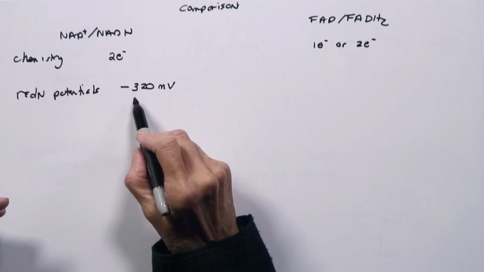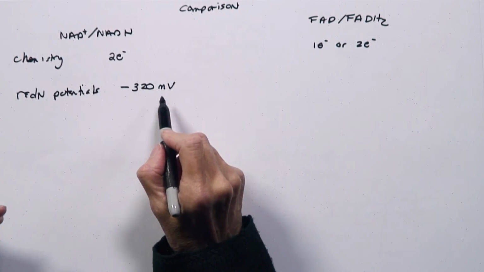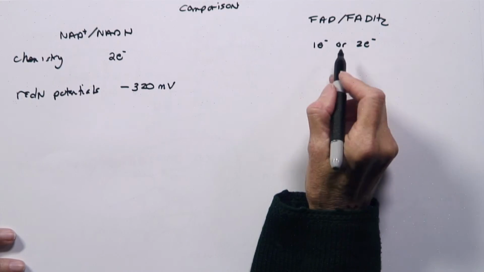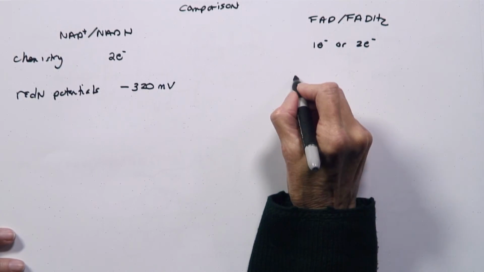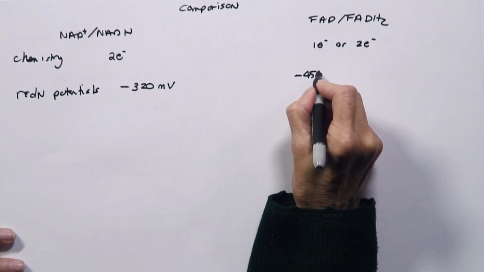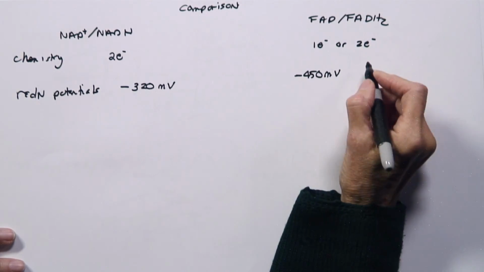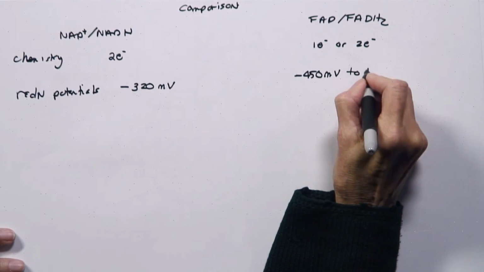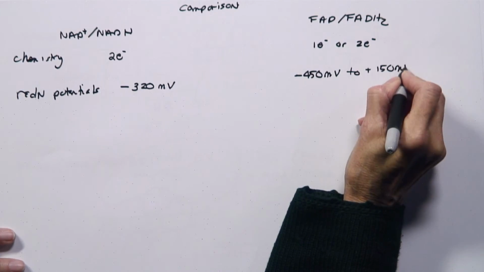So the fact that this is minus 320 millivolts tells you that NAD likes to be in the oxidized state, the NAD state. On the other hand, FADH2 can vary between minus 450 millivolts to plus 150 millivolts. So this is a huge difference in reduction potential, 600 millivolts.